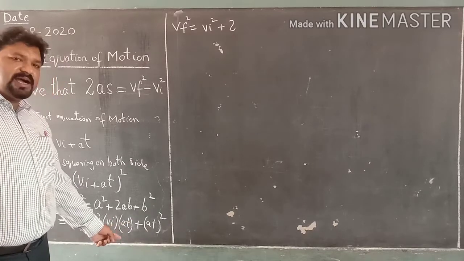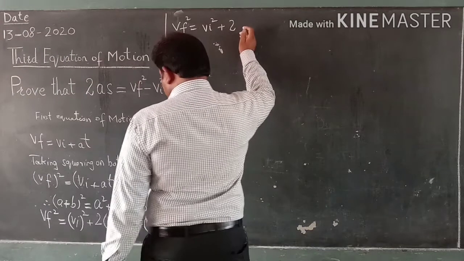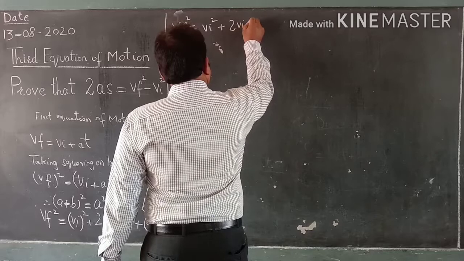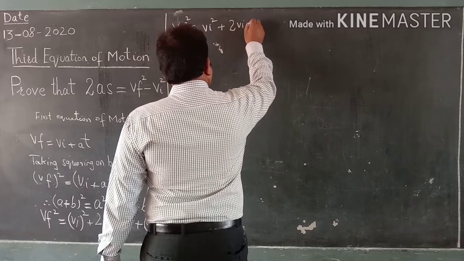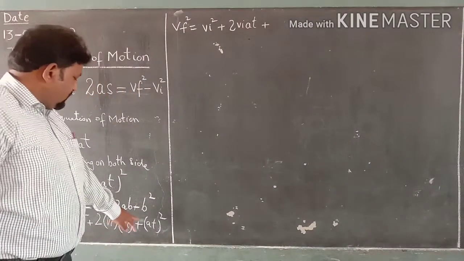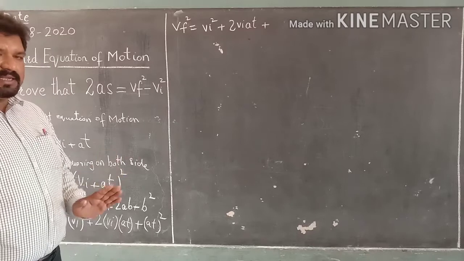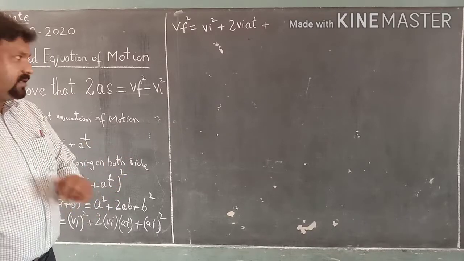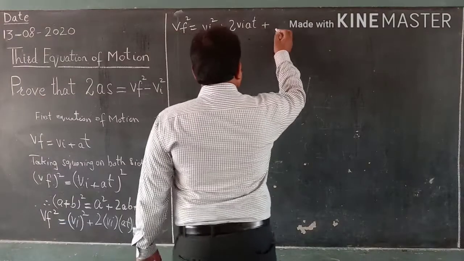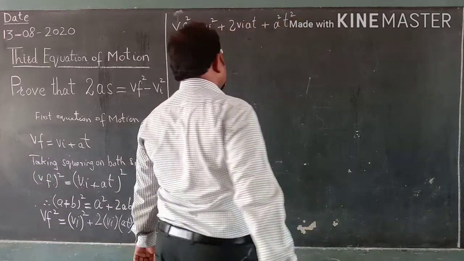Actually these are unlike terms, so that's why we can write it as Vi At plus (At) whole square, which means At multiplied by At. So the result will be A square t square.